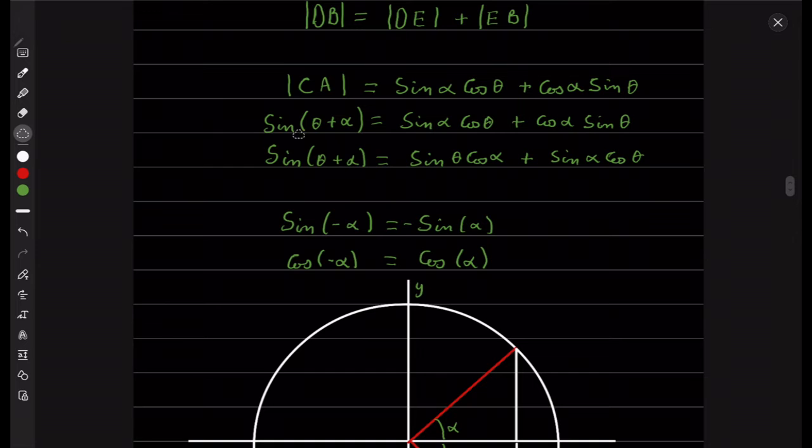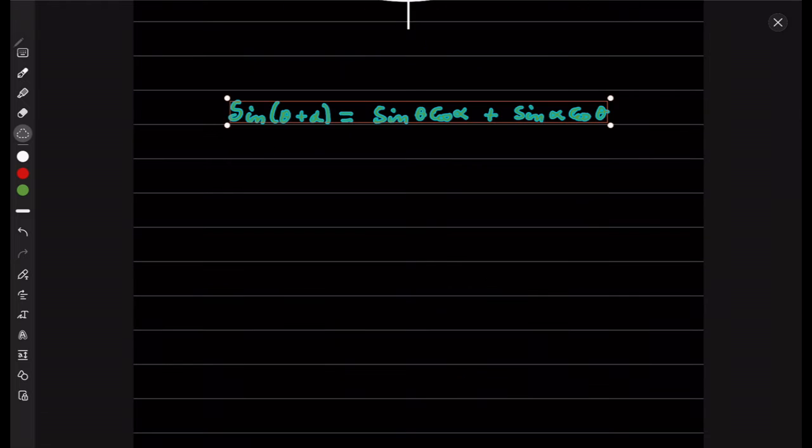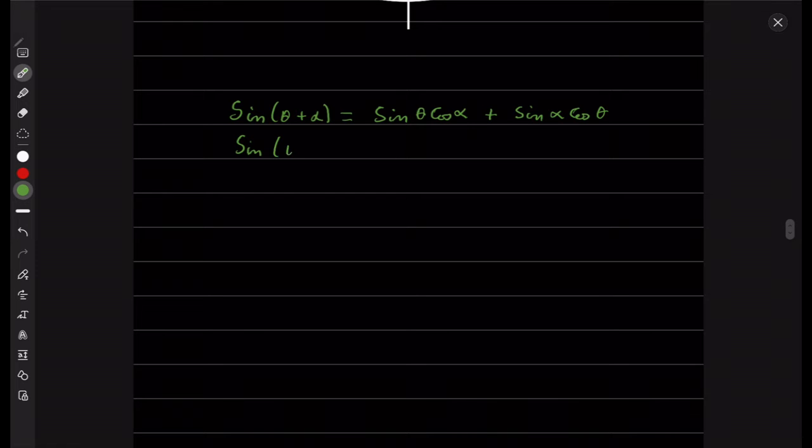So if we were to find an equation for sine theta minus alpha, it's going to be equal to sine theta cos minus alpha plus sine minus alpha cos theta.